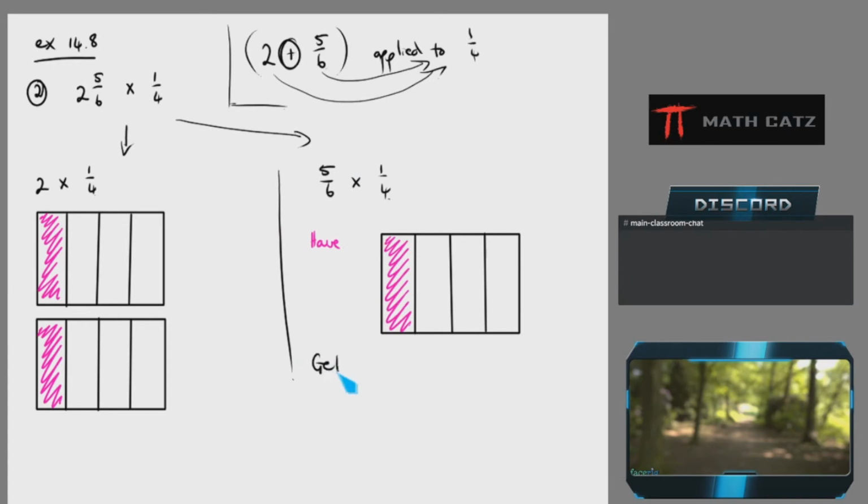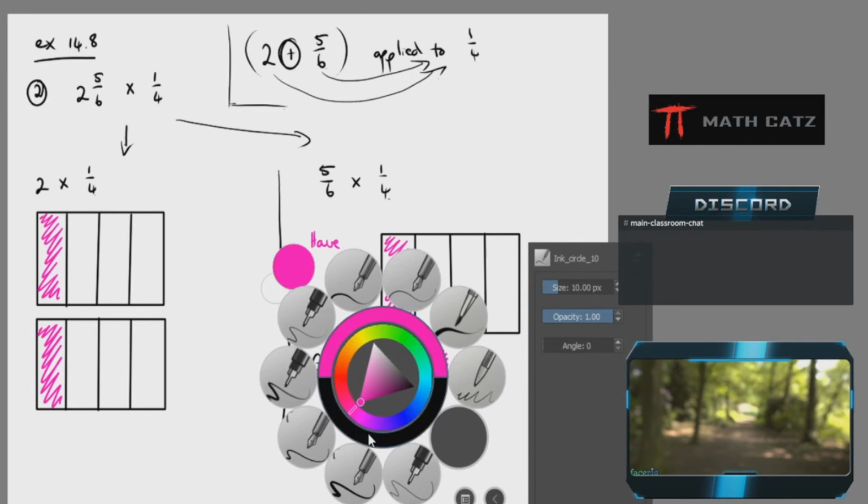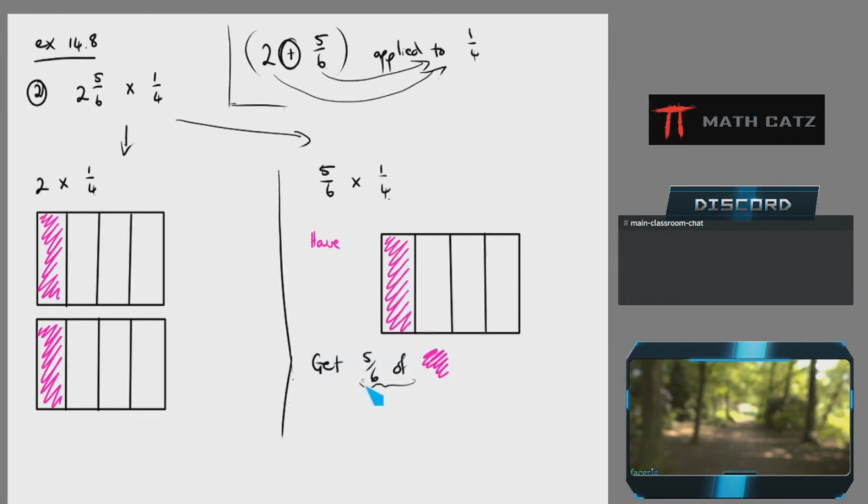So I get, on this side, I get 5/6 of what we have, of the pink. That means 5 of 6 rows, because I've used columns. So I'm going to go horizontally 6 pieces.